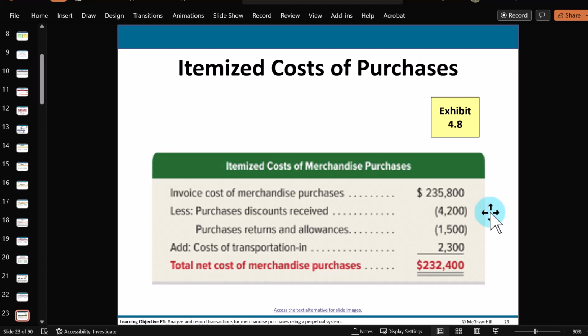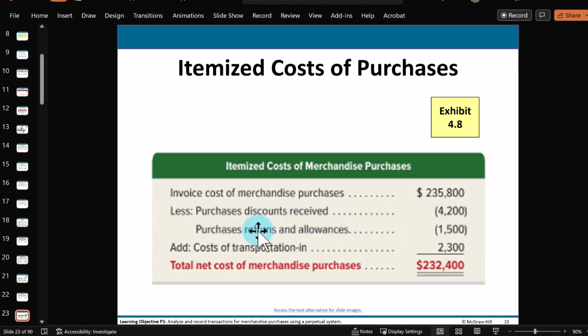Here's a summary of how we calculate all of the costs for purchasing merchandise. So here's the gross cost we got billed from the seller. But then if we're given a discount for paying off our bill early, we can subtract out purchase discounts. And if we return merchandise, or if we're given an allowance, we keep it, but given a reduction in price, that's an allowance, we also subtract that out.